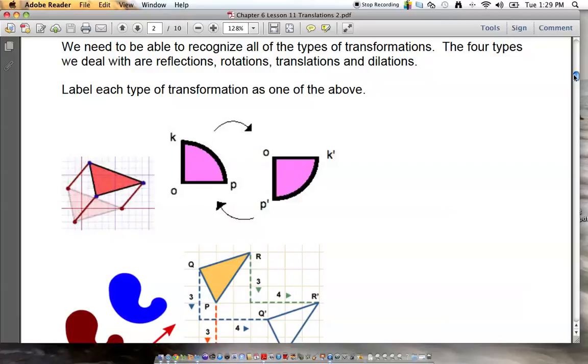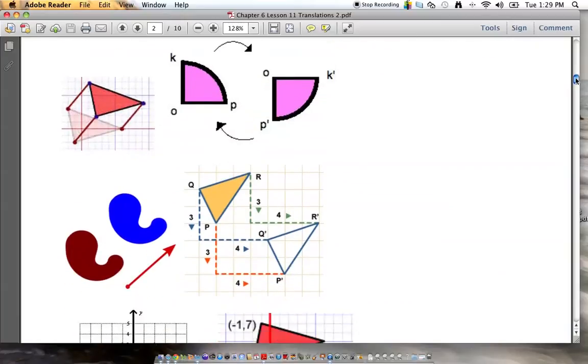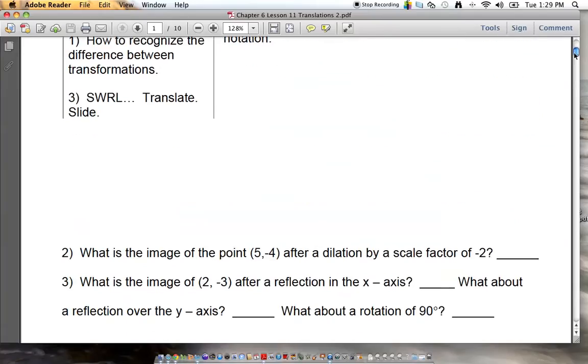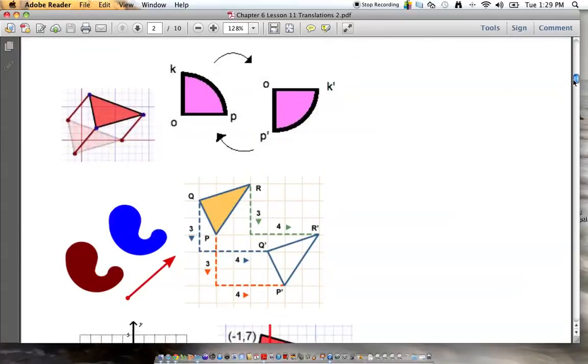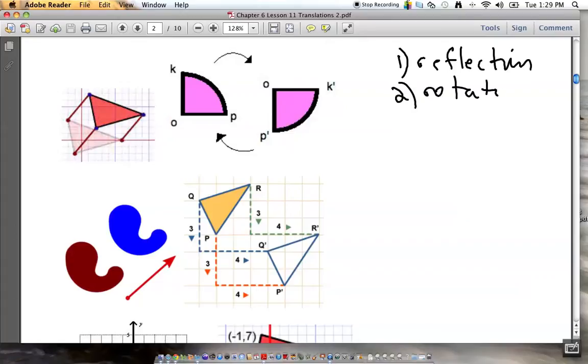Okay, we need to be able to recognize all the different types of transformations. So here are our choices. Choice one, reflection. Choice two, rotation.